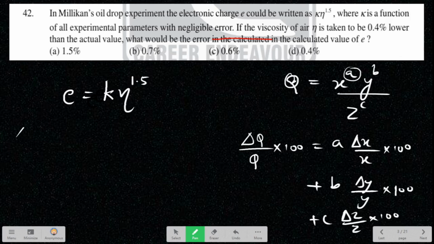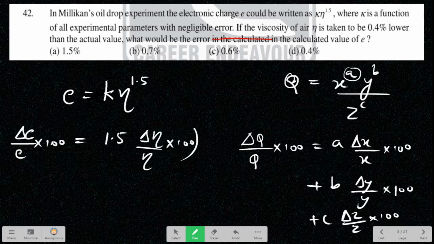So this means that delta E by E into 100 is equal to 1.5 into delta eta by eta into 100. Here we are not considering k because it is clearly mentioned that k is a function of all experimental parameters with negligible error. So there is no appreciable error in k. So we are not writing percentage error in k.